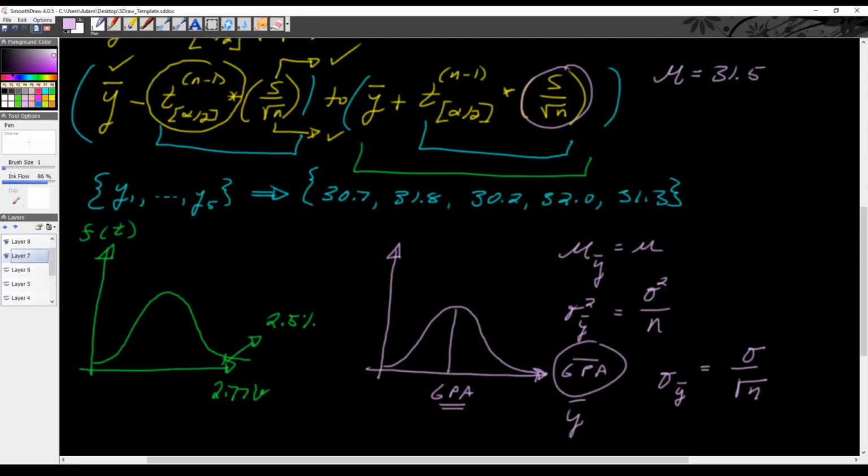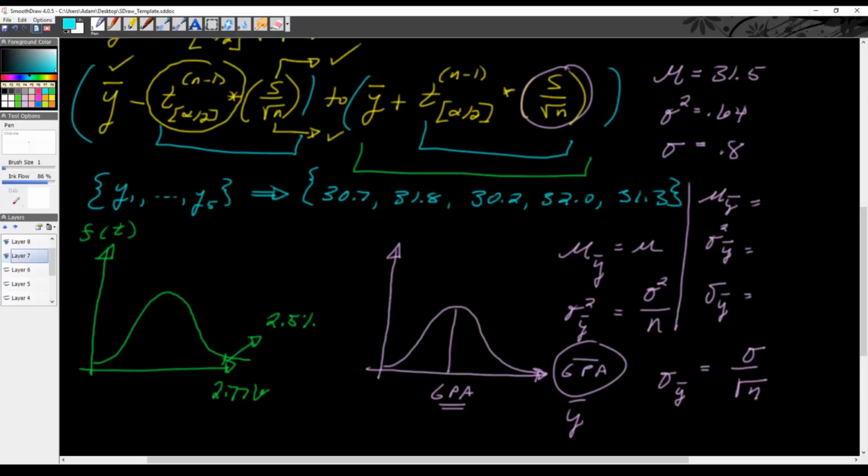Let's say that sigma squared is equal to 0.64, and let's say sigma is equal to 0.8. The question is, what are the values for the average of the averages, the variance of the averages, the variance of the sample statistic, and then the standard deviation of the sample statistic? So given this information, what are those values?